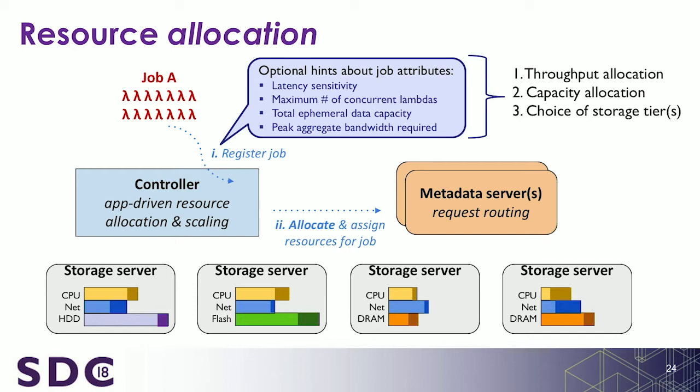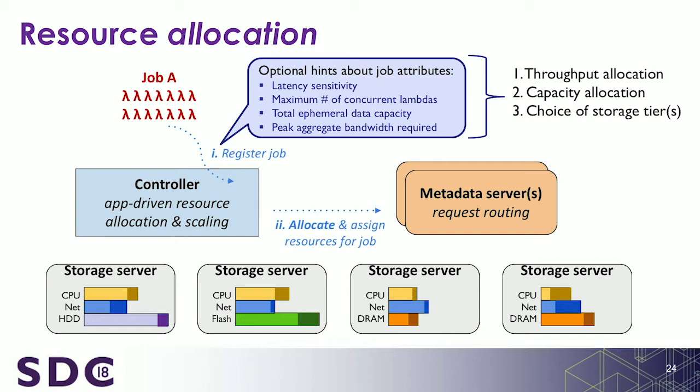Another hint that we support is the maximum number of concurrent workers. So this allows us to compute a less conservative estimate for how much throughput we need. On a particular serverless platform, each Lambda typically has a network limit. On Amazon, we've seen roughly around 600 megabits per second. So these are relatively wimpy workers. But the point is you would be running a job with many of them in parallel.